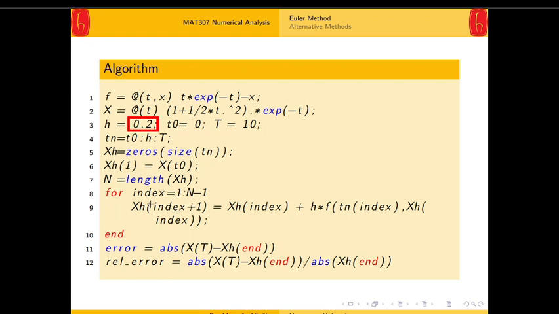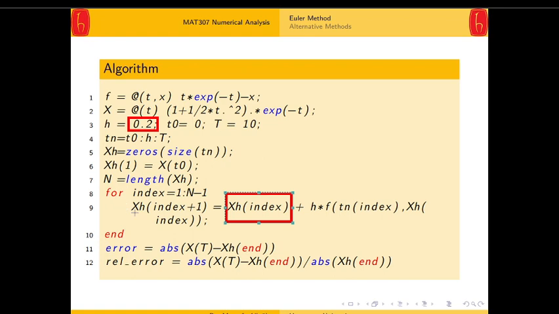Okay, so we basically have xh index plus 1 is equal to xh index, the previous solution, plus h times function value f at tn index, comma xh index. So we evaluate the slope at the previous solution. Okay, and then we multiply that by h, and we add the result to the previous solution to obtain the new solution.